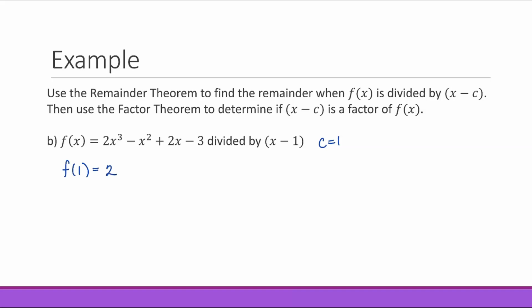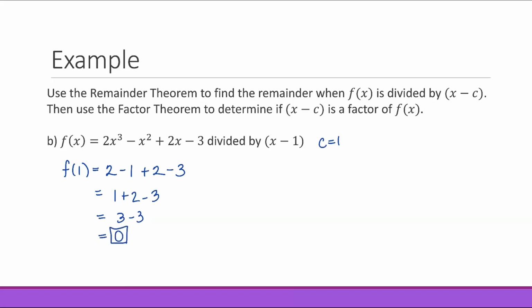So we're just going to have 2 times 1 cubed, so just 2, here minus 1 squared, so minus 1, plus 2 times 1, which is 2, minus 3. So here we're going to have 2 minus 1, so 1 plus 2 minus 3, which is 3 minus 3, which is 0.